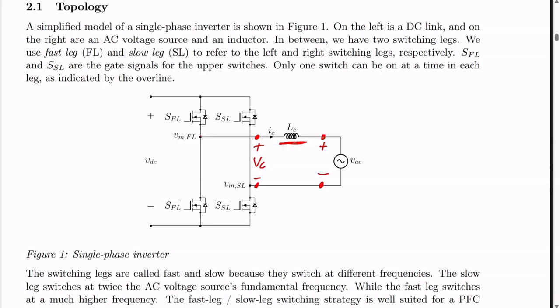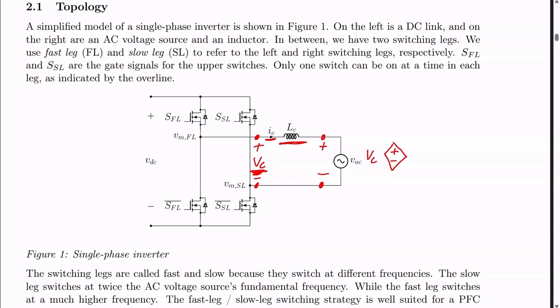So basically, we want to control VC here such that we get the desired current that we want. So the inverter basically generates VC to get the desired current that we want. So it is actually a controllable voltage source.